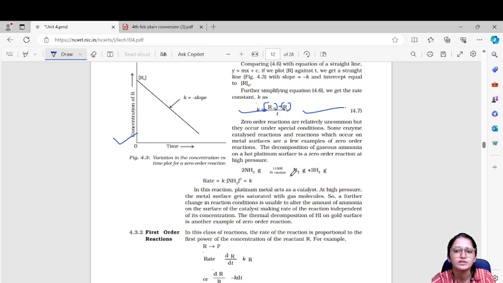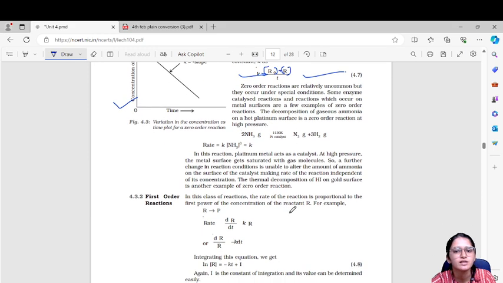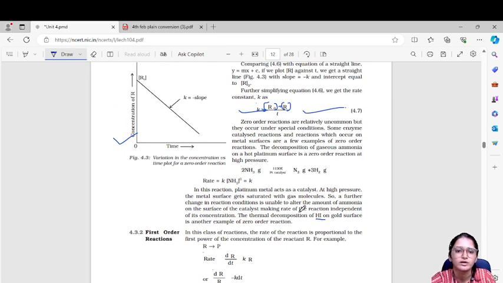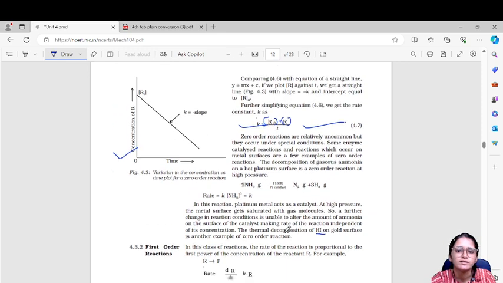Ammonia decomposition is an example of a zero order reaction, which you have to understand, because during the exam they also ask about examples. Okay, so rate is equal to k, NH3 raised to 0, which is equal to k, because zero order means anything raised to 0 is 1. So the rate will be equal to k. Then one more example is thermal decomposition of HI on a gold surface, another example of a zero order reaction. Okay, so this is about zero order reaction.